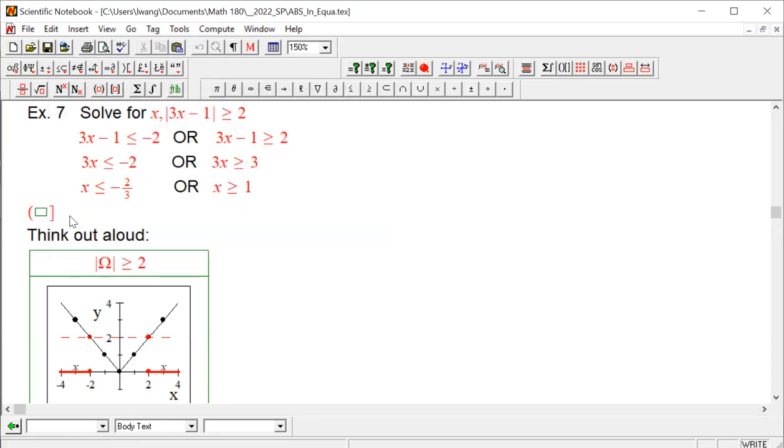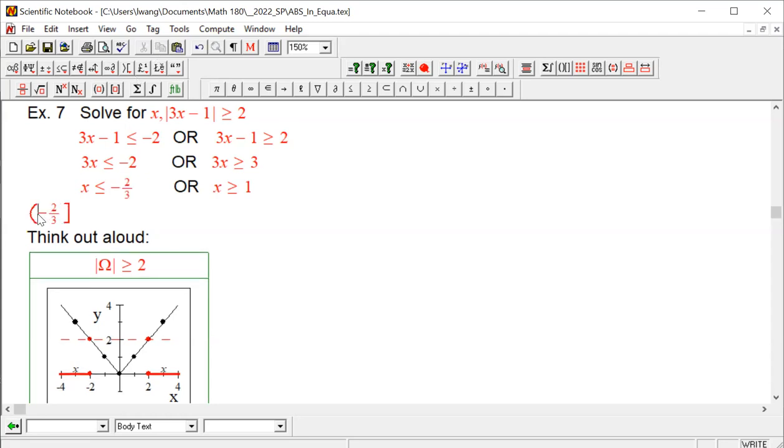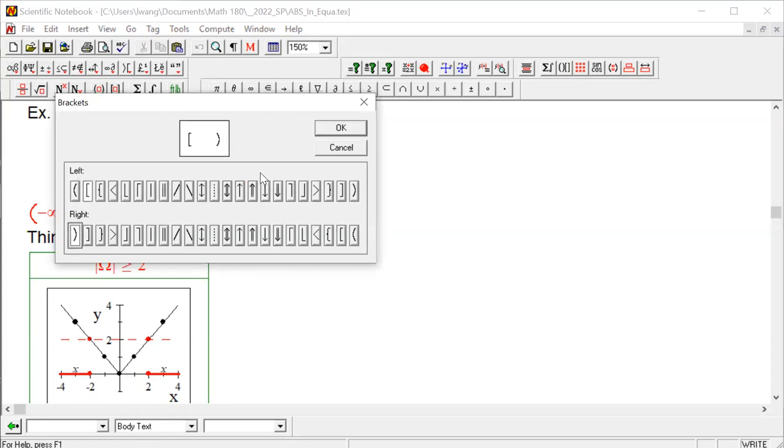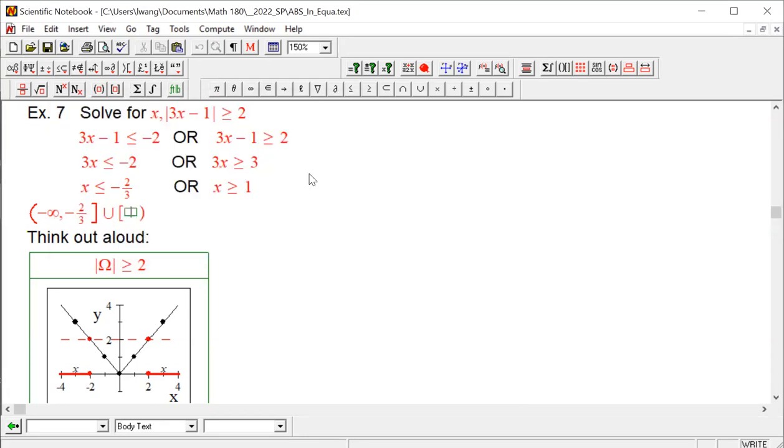So you have negative infinity to -2/3, union this one over here. To me, the inequality solutions are more important.